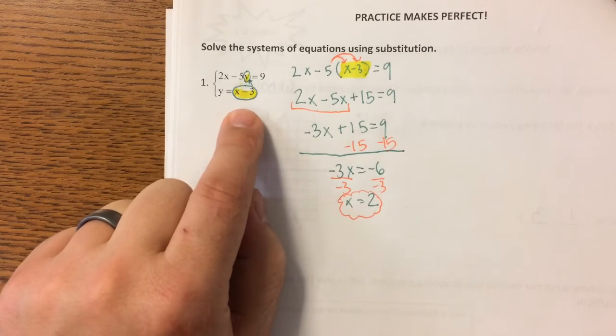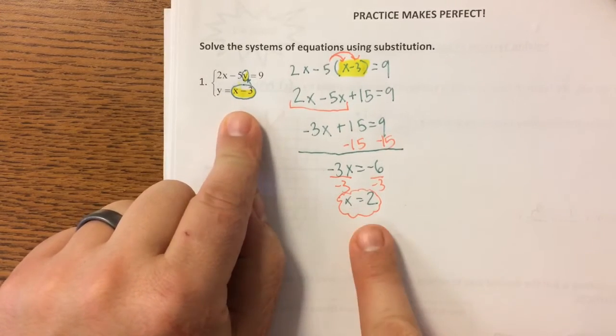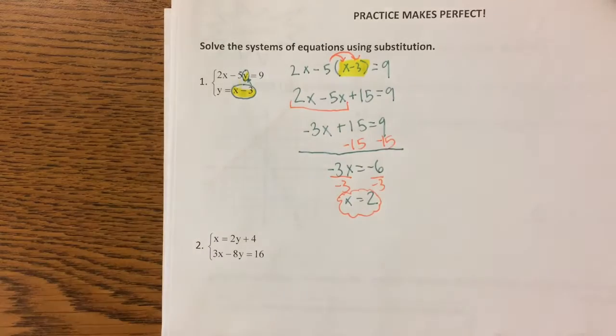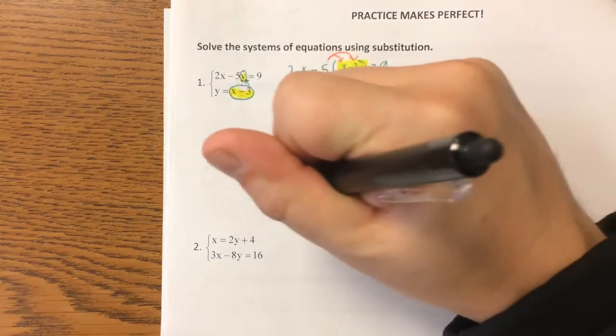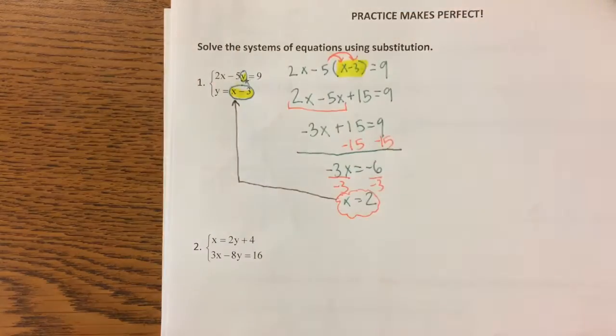In this case, y equals x minus 3. And we already know what x is, so you just plug it into that equation. All right, we're going to take this x and stick it right there.